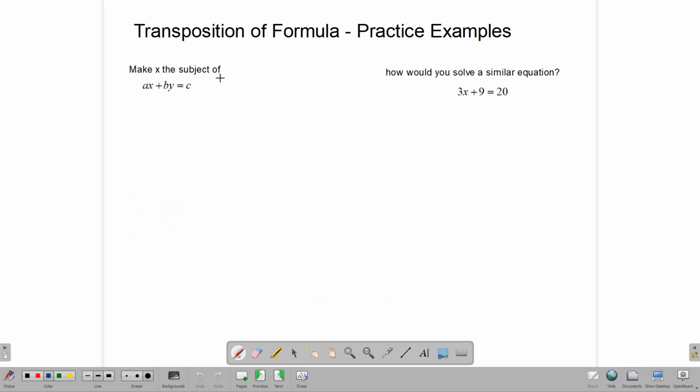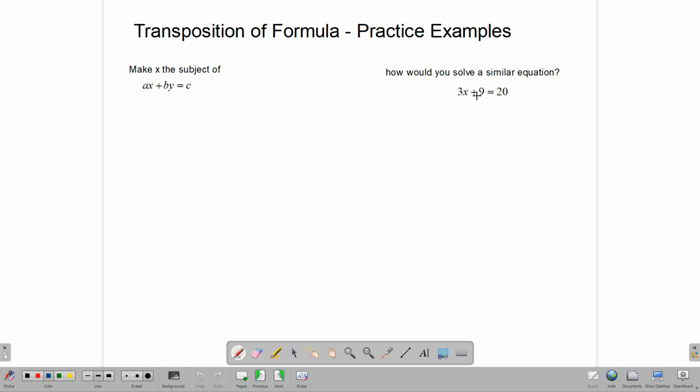First, we're going to talk about how to transpose a linear equation such as this. Linear means that everything is in a straight line. Before we answer this question, though, we want to make x the subject. First, we want to solve this equation. Now, how do we solve the equation 3x plus 9 equals 20?